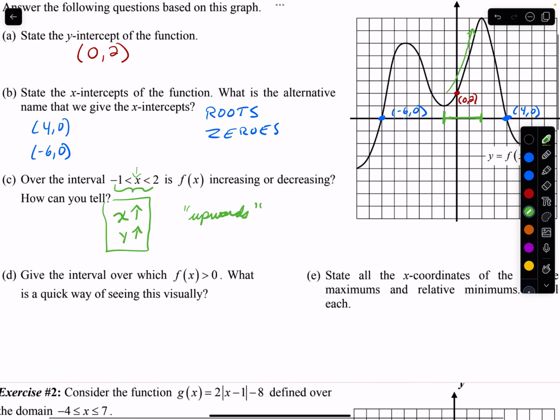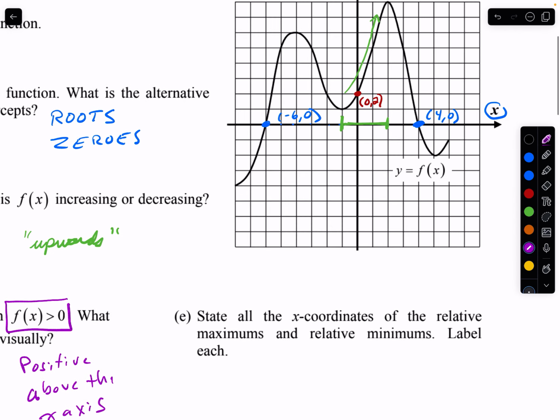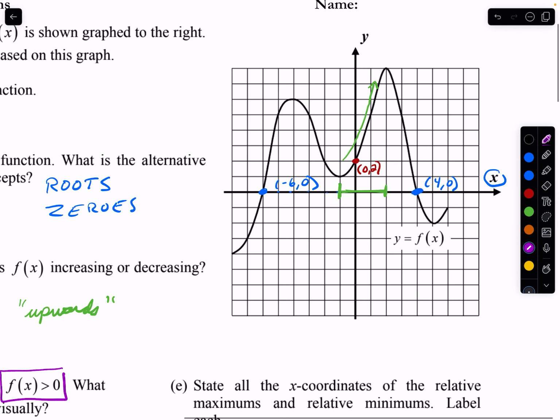Another value, and this is very important for SAT and ACT, you'll see this a lot: where is the function greater than 0? I like to think about it as positive, or where the function is above the x-axis. Going to the x-axis, from negative 6 it's above the x-axis, and it stays above.